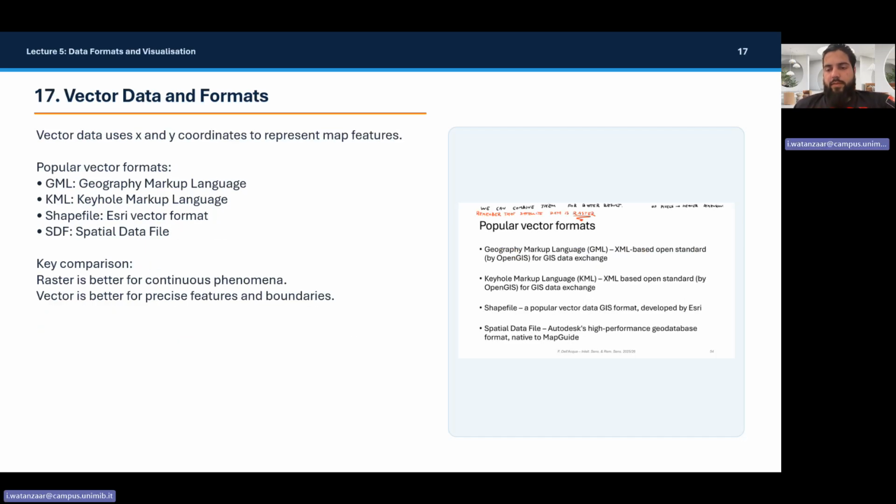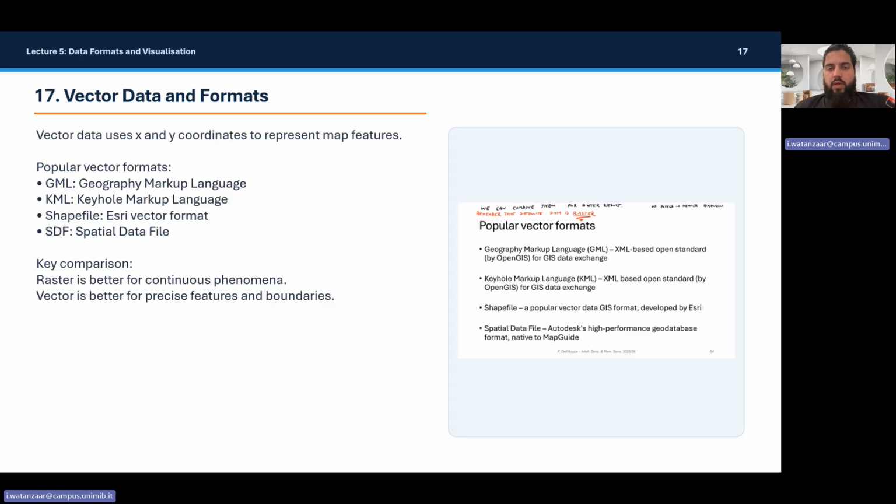Vector data and its formats. As we discussed, the vector is good for lines, points, and polygons, which is really good for administrative boundaries, for trees, for parcels and roads. So now we are discussing the vector data and its formats. Vector data is exactly using X and Y coordinates to represent the map features.